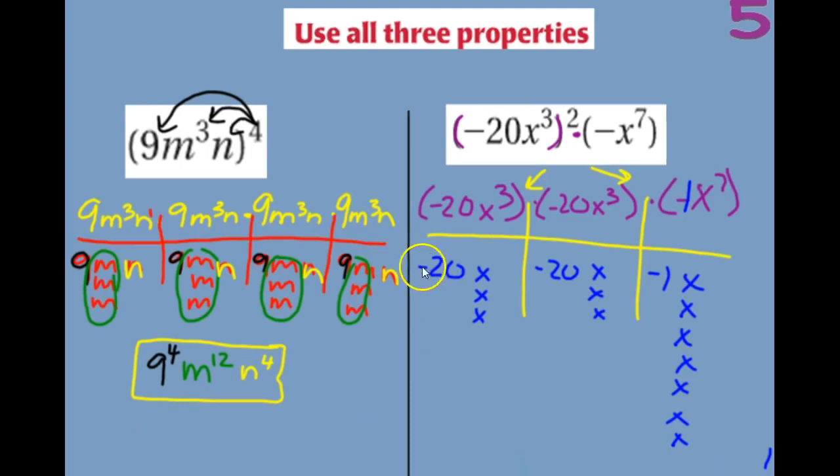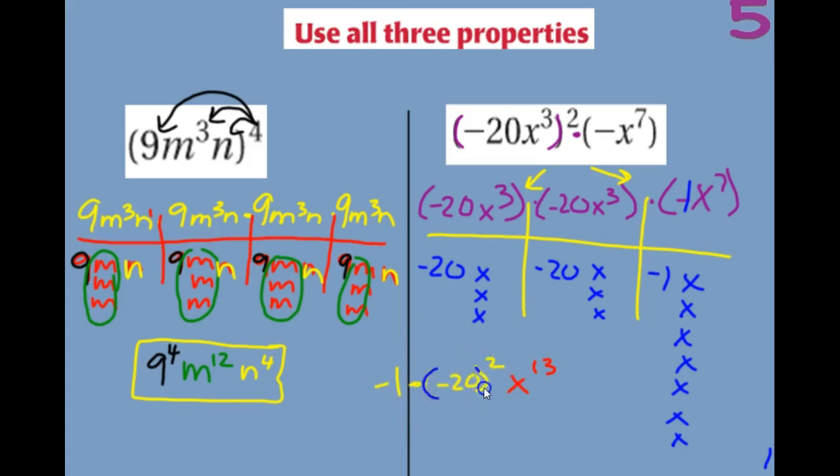To simplify, we have a negative 20 2 times. We also have this negative 1 that's multiplied. I'm just going to put that negative 1 out front. And then we have x, how many times? 1, 2, 3, 4, 5, 6, 7, 8, 9, 10, 11, 12, 13. So some of you might want to simplify this because this is pretty ugly here in the front.